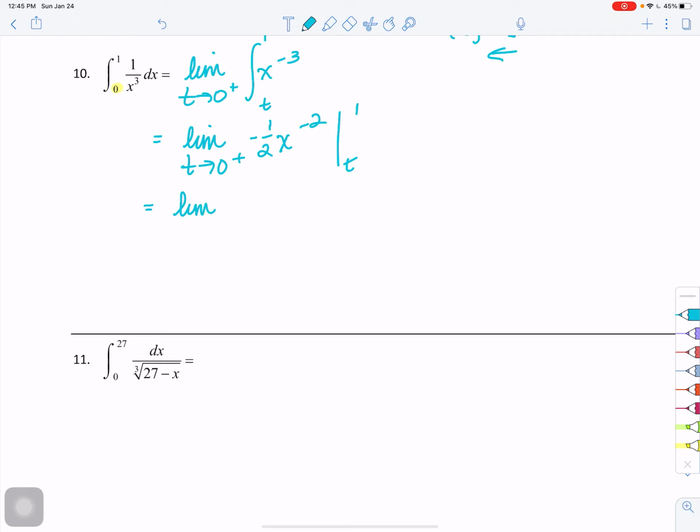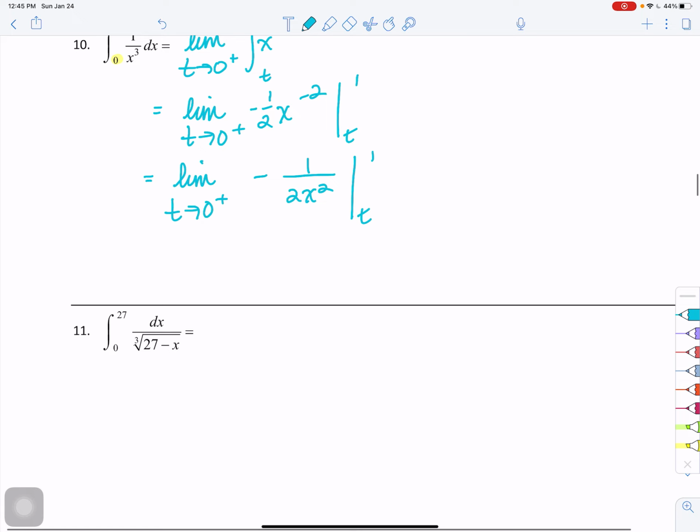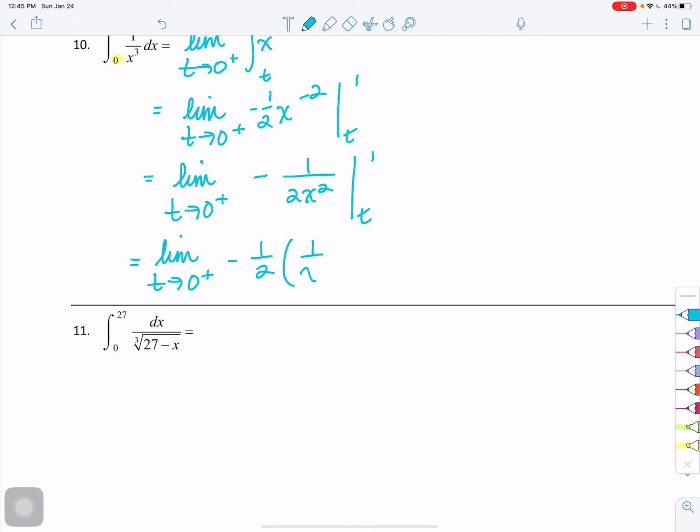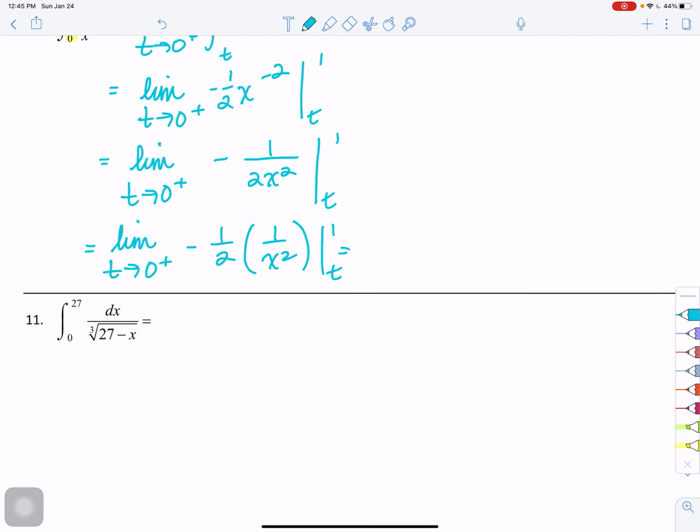So that's the limit as t approaches 0 coming from the right of negative 1 over 2x squared evaluated from t to 1, because this x to the negative 2 sends that x squared to the denominator. Sometimes it's nice to just have that line where you can clean it up. I'm going to keep the negative 1/2 on the outside, and I'm going to have 1 over x squared evaluated from t to 1. I guess I could have done that on the previous line.